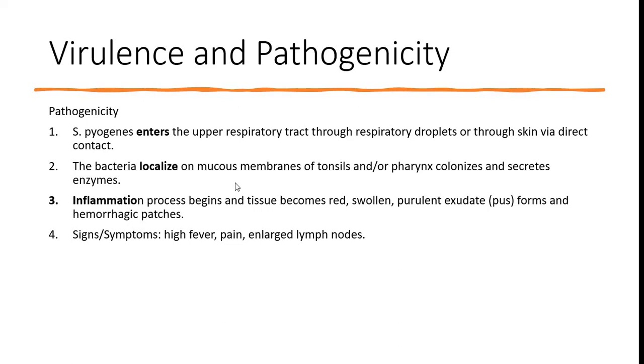So you're going to get the bacterial cells in, they're going to colonize, and then once they become established, they're going to start to secrete those toxic enzymes and toxins. And then that's going to lead to that inflammatory process. And just like we discussed with staph, in the inflammatory process you're going to have an accumulation of fluid, so you have edema, you're going to have the redness, especially in this case because of those erythrogenic toxins, and you're going to have the pus because of the influx of cells.